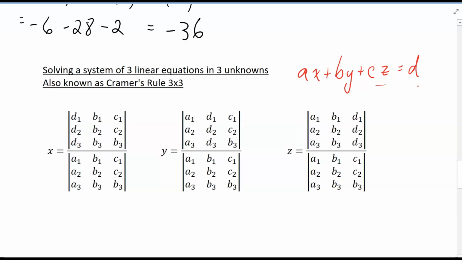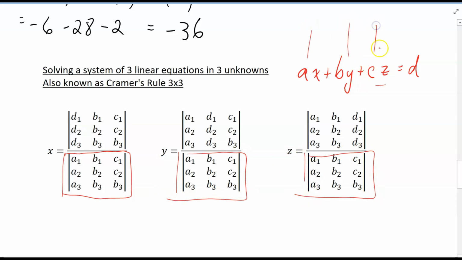So notice something about these 3. The denominator, which is actually called the determinant of the system of linear equations. These are all identical. The a's, the b's, the c's. Okay? When we're solving for x, its coefficient is a, right?